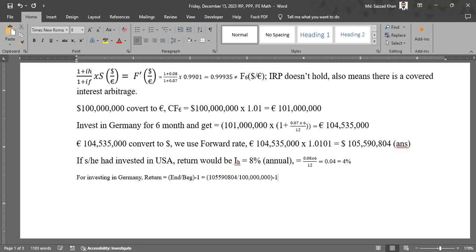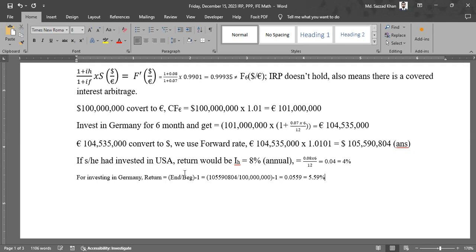We do it in the calculator. 105,590,804 divided by 100,000,000 minus 1. So it will give us 0.0559, which, if we multiply with 100, will give us 5.59%.